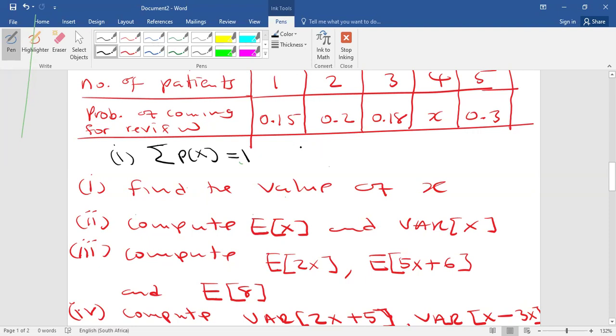So we'll say 0.15 plus 0.2 plus 0.18 plus x plus 0.3. All this should sum up to 1. Then people with calculators will help us find the value of x. So you have 3 minutes to help us find the value of x.